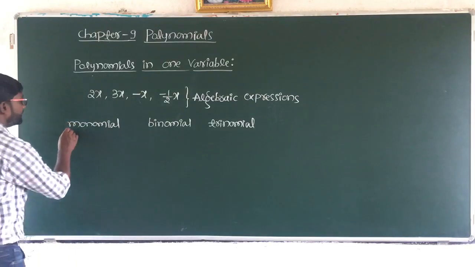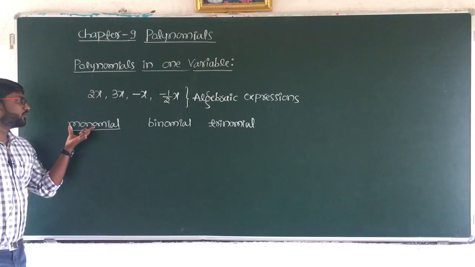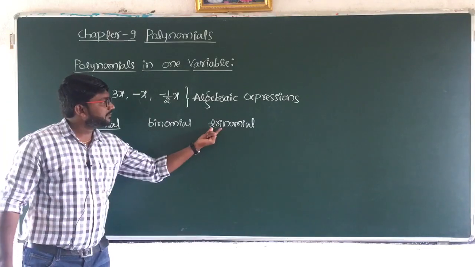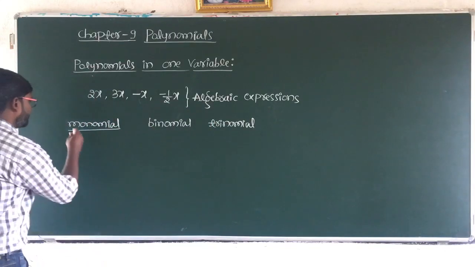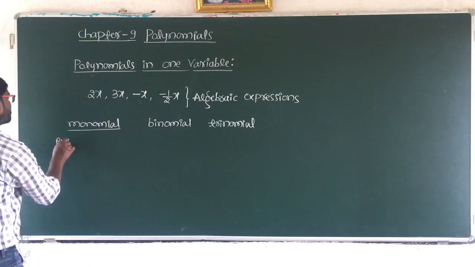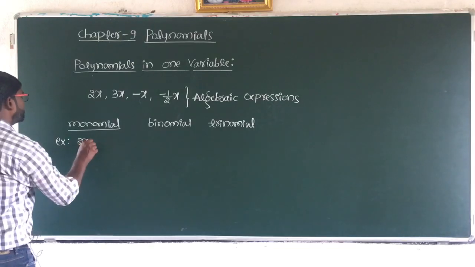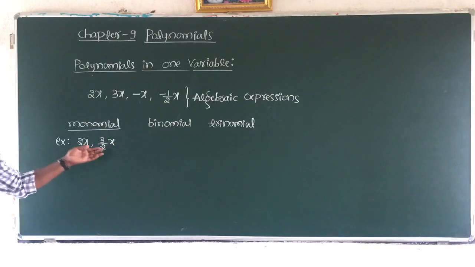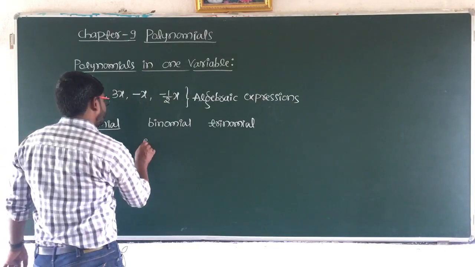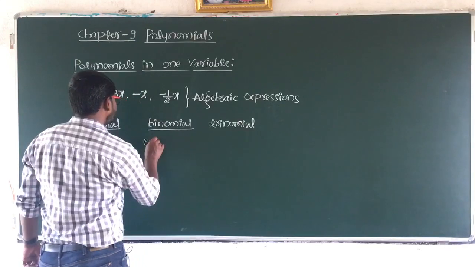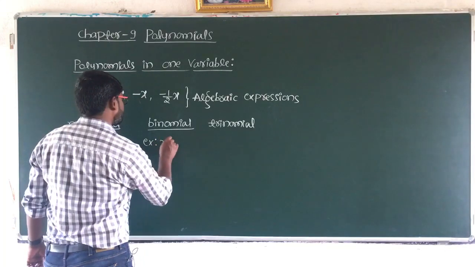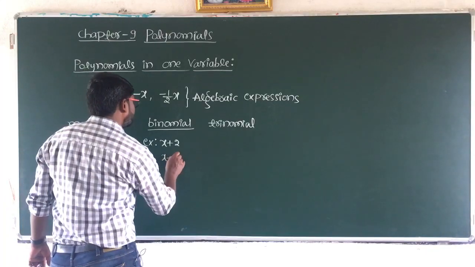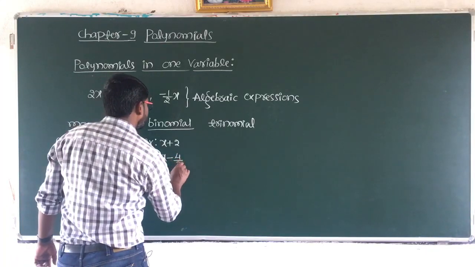Mono is nothing but 1, bi is nothing but 2, tri is nothing but 3. The examples for monomial are 2x and 3 by 2x. The examples for binomial are x plus 2 and x minus 4 by 3y.